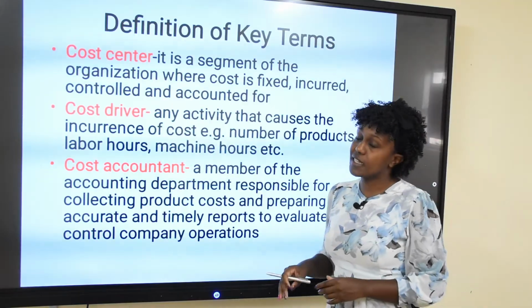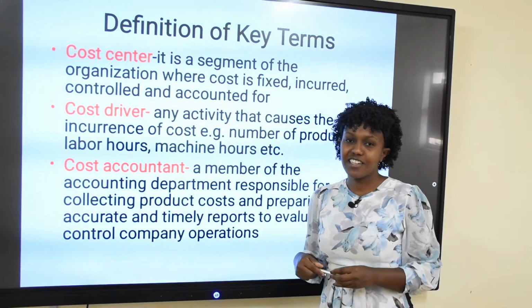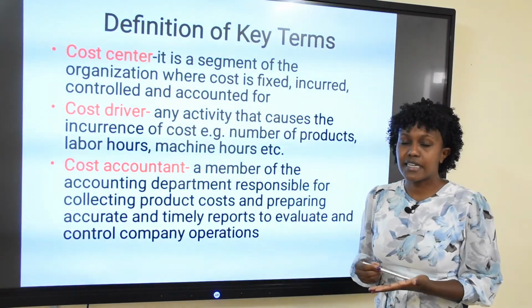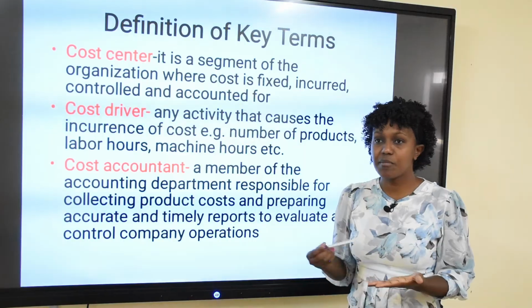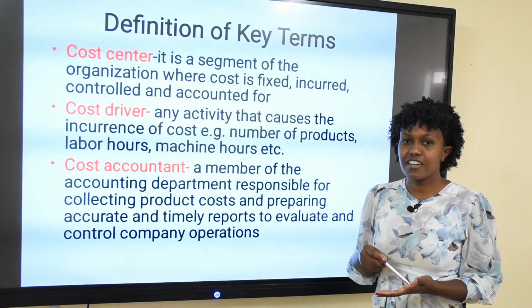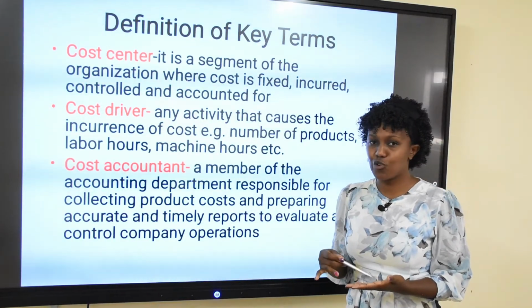Other terminologies that we are going to come across is, for example, a cost center. As the name suggests, this is a center, which can be a department or a segment of the organization, where cost is incurred, accumulated, fixed and controlled.